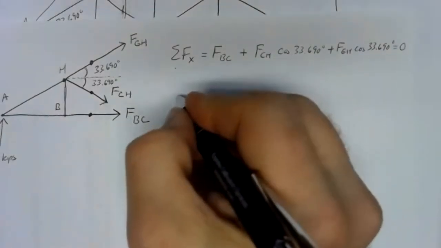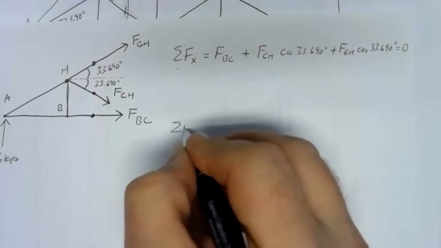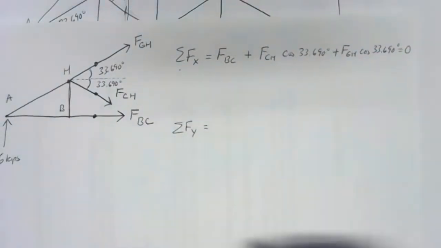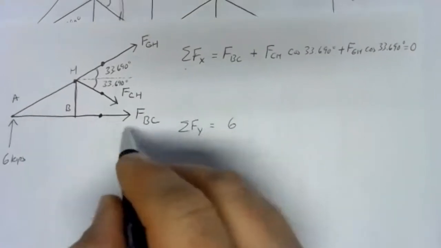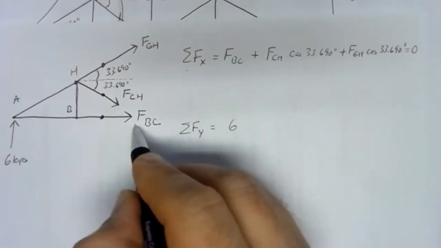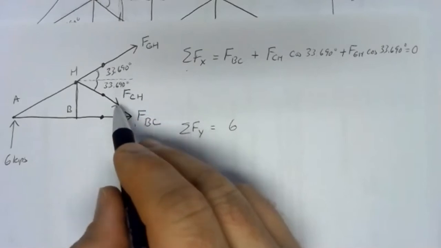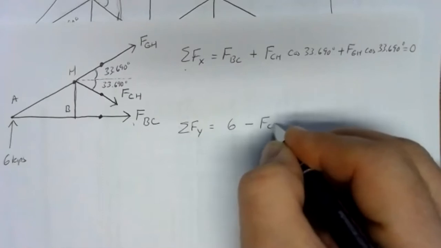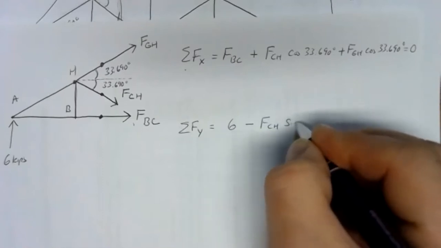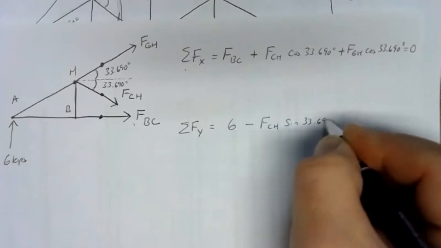In the y direction, we've got a positive 6 kips. We've got nothing from FBC. We're going to have a force downward from FCH, and that'll be the sine. So minus FCH sine of 33.690.